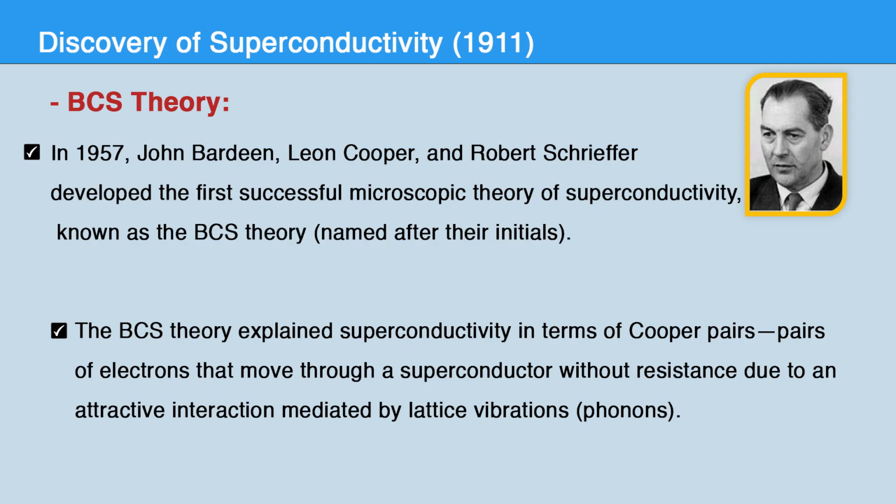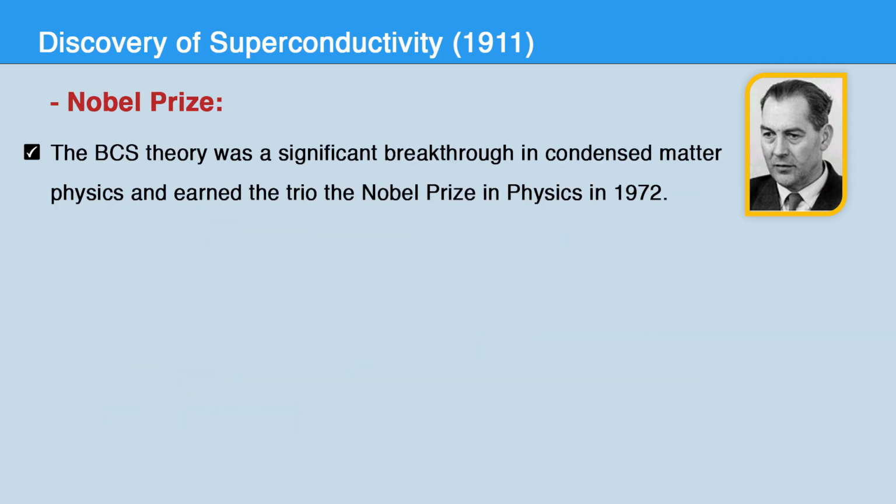The BCS theory explained superconductivity in terms of Cooper pairs, pairs of electrons that move through the superconductor without resistance due to an attractive interaction mediated by lattice vibrations, which are known as phonons. The BCS theory was a significant breakthrough in condensed matter physics, and the trio won the Nobel Prize in Physics in 1972.